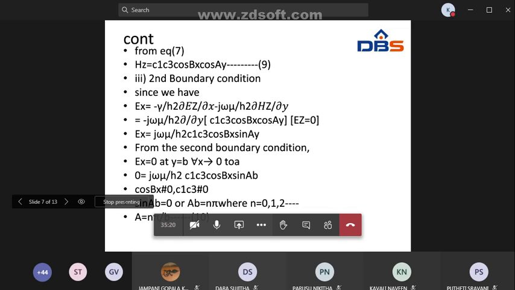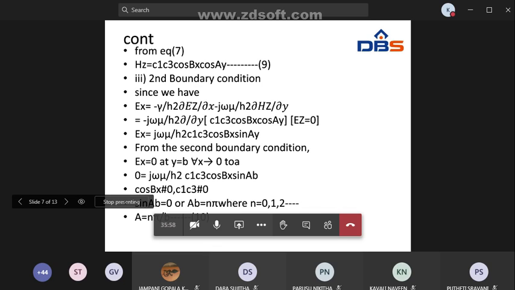Now apply the second boundary condition at y equal to b, for all x from 0 to a. We know the Ex equation, that is Ex equal to minus gamma by h square dou Ez by dou x minus j omega mu by h square dou Hz by dou y.